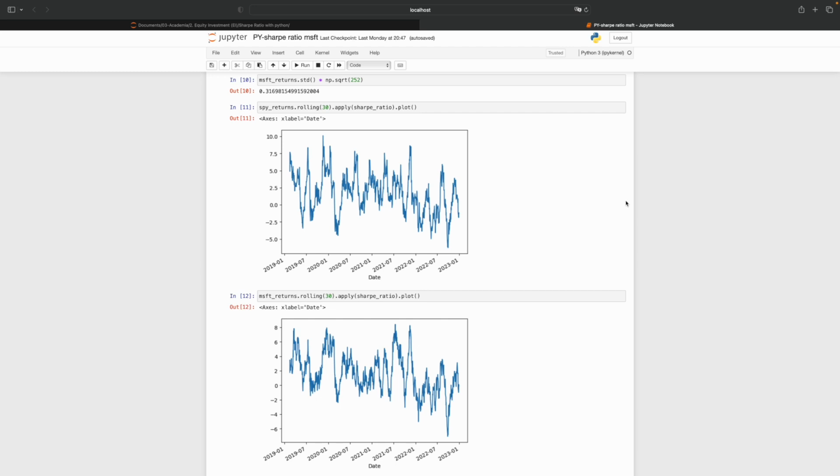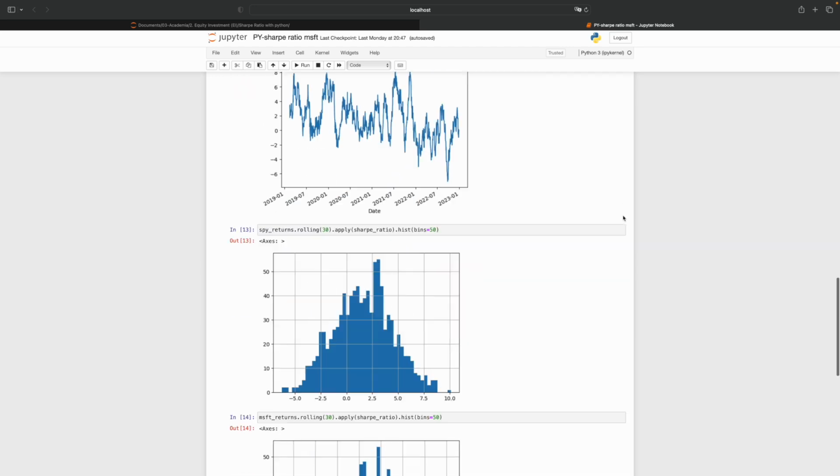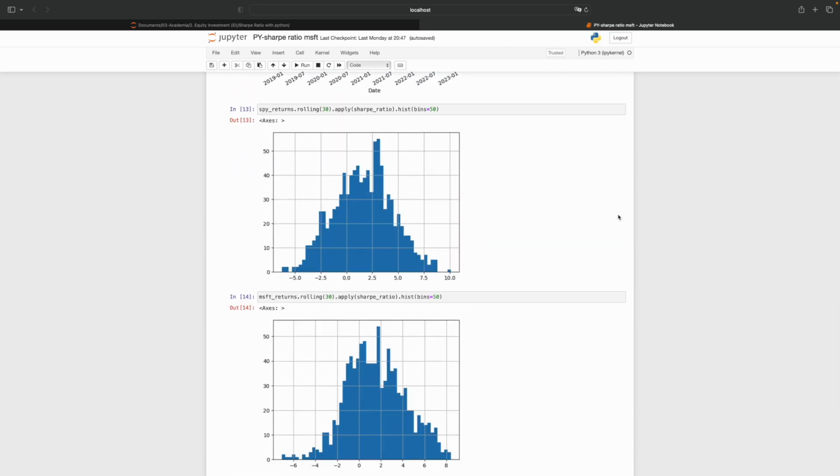And now, let's take another approach to present the distribution of Sharpe ratio using histograms. The horizontal axis will show the value of the Sharpe ratio and the vertical axis will display the count of their occurrence.